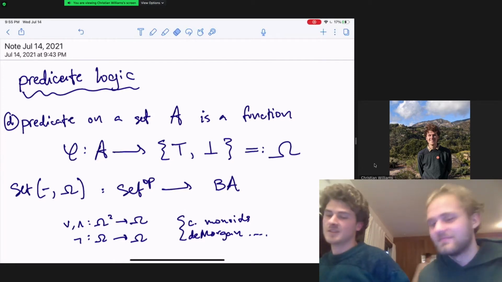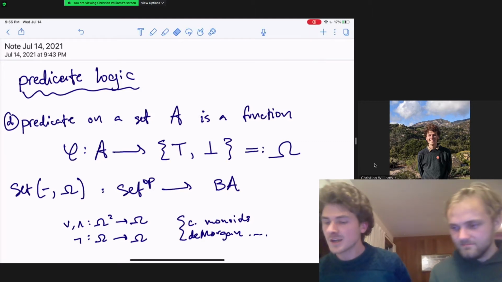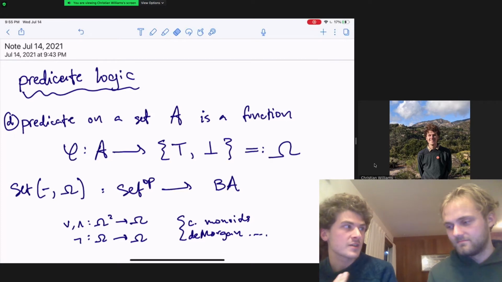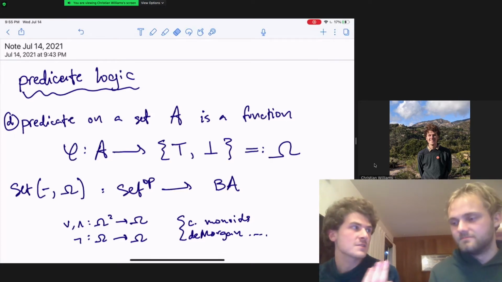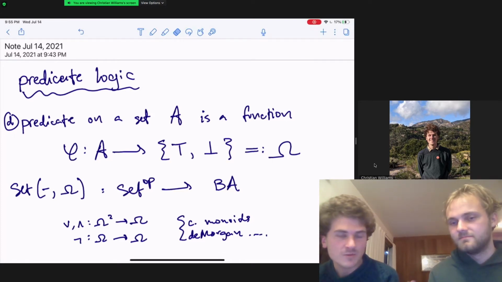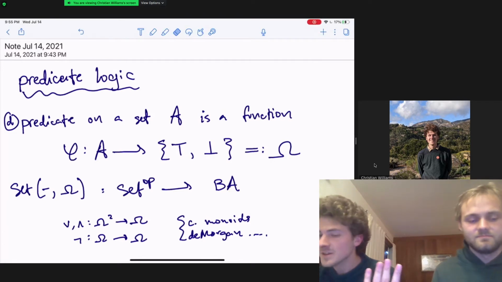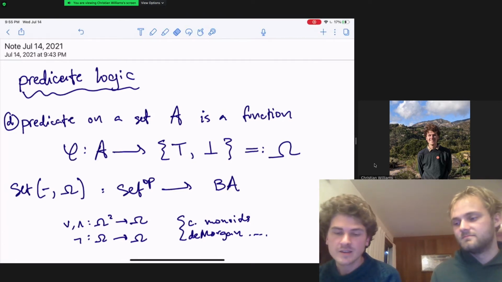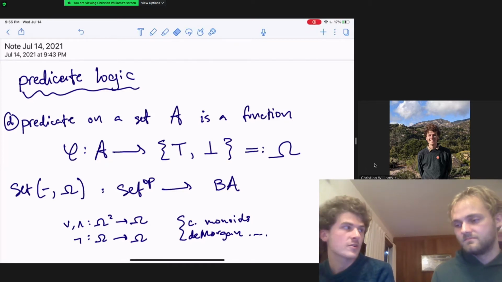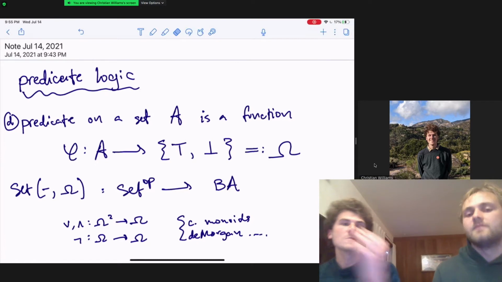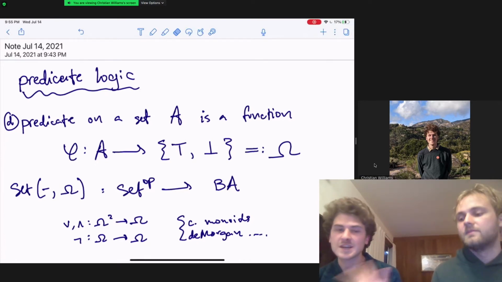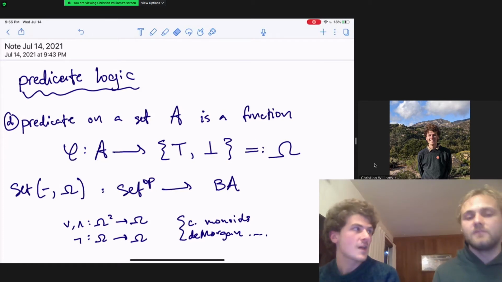So this is saying that for any set, we get a Boolean algebra of predicates on it. This is part of a nice general phenomenon we were talking about earlier this week, where given a ring in some category or a group in some category, Homs into it are also groups. There's this nice inheritance phenomenon.